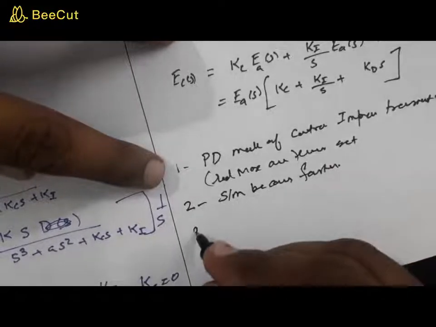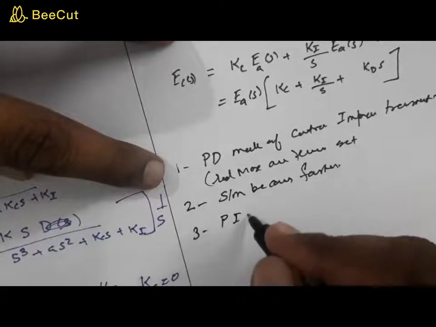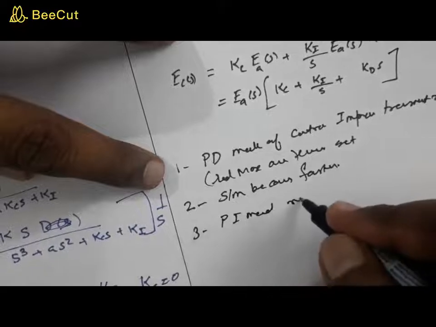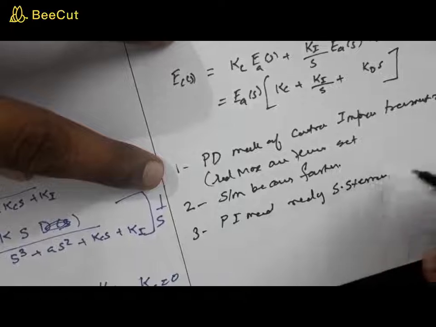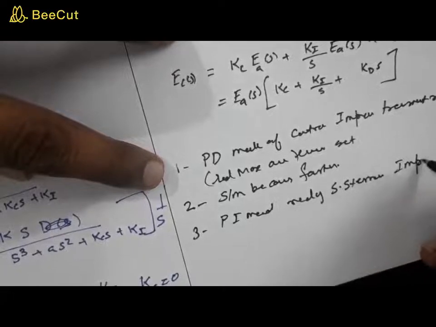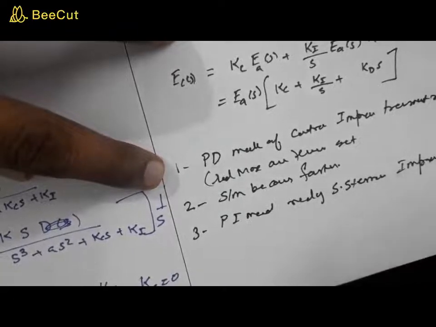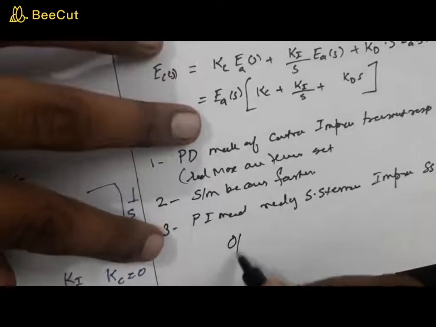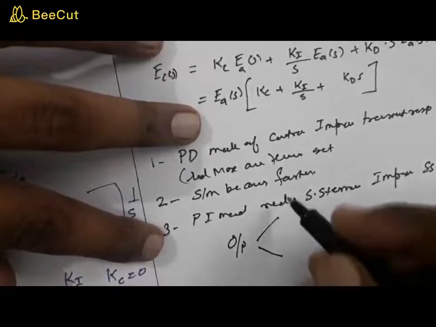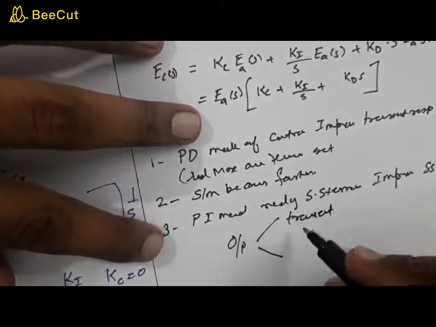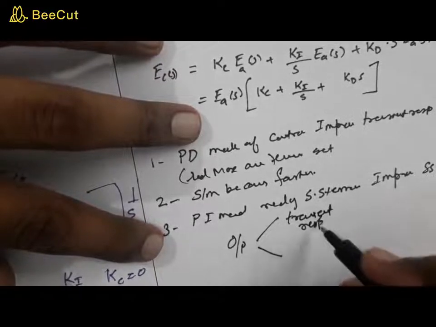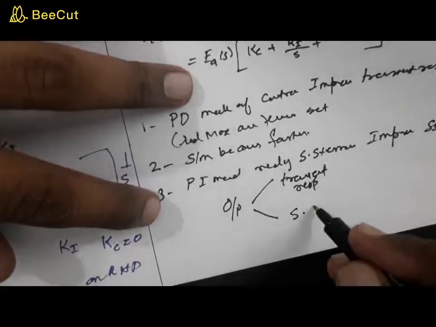Now, what about the PI mode? The PI mode reduces the steady state error, or effectively it improves the steady state response. We know that for any system, the output response can be divided into two parts: transient response and steady state response.